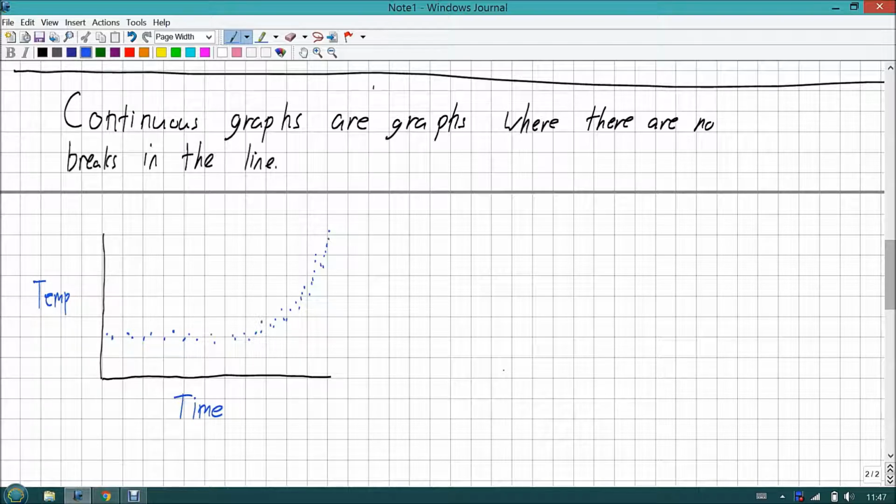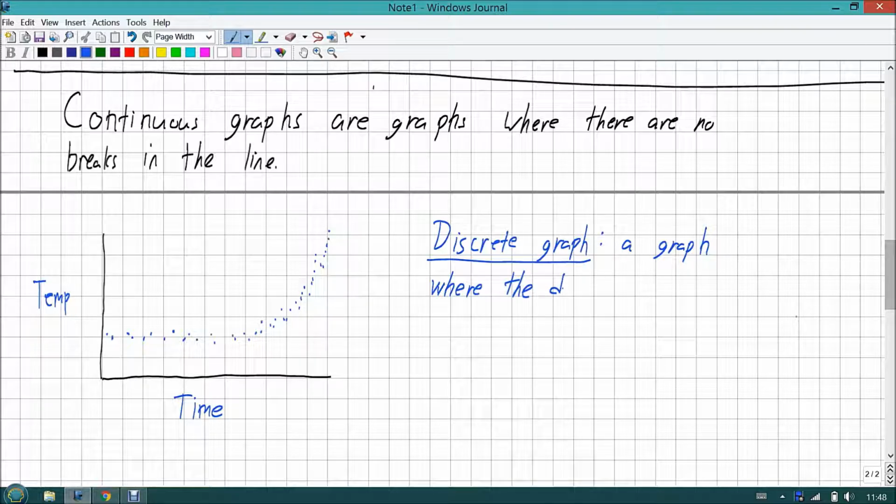Now you'll note that even though there are a lot of dots, there aren't any lines connecting them all. So this is what is called a discrete graph. A discrete graph is a graph where the data is in points and not a line.